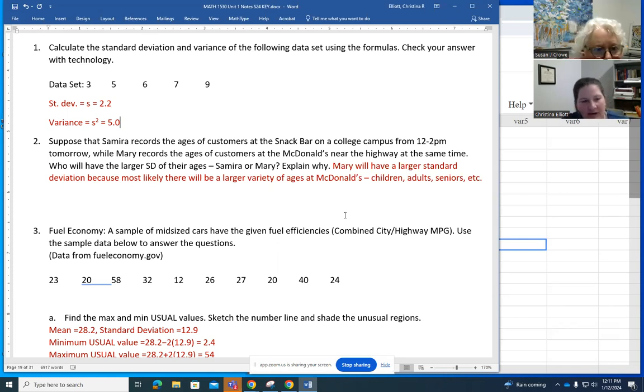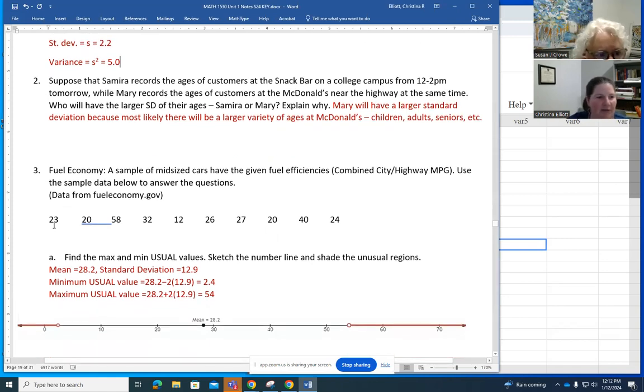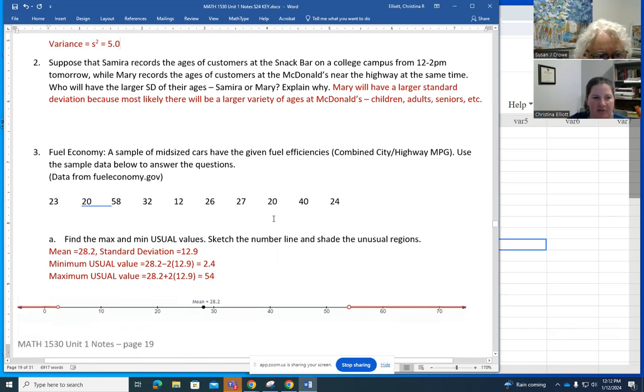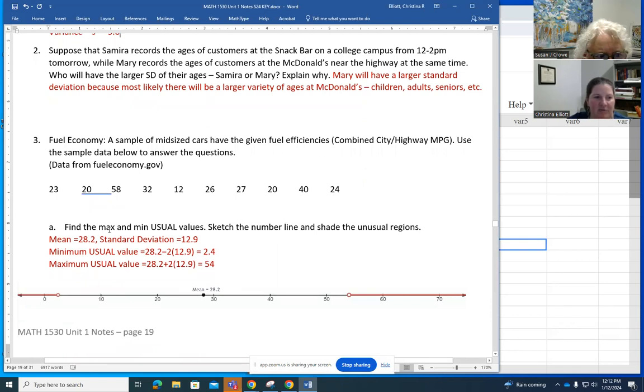Okay. So last question here with a list of data. I'm not going to show you how to get this in summary stats because we just did that with the other one. But let's look at the maximum and minimum usual values.